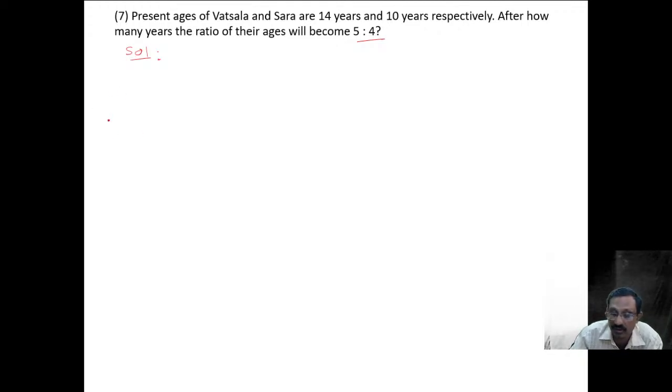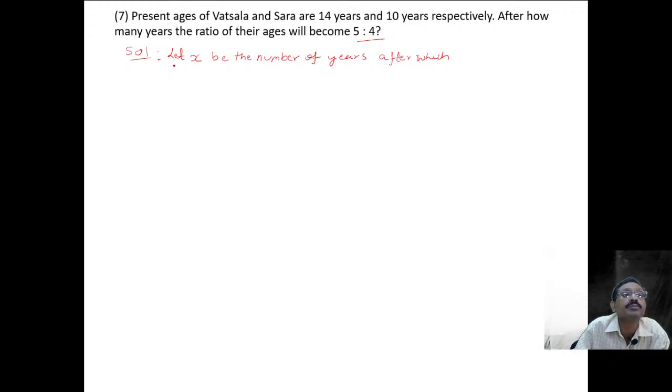Let x be the number of years after which the ratio of their ages will become 5:4.